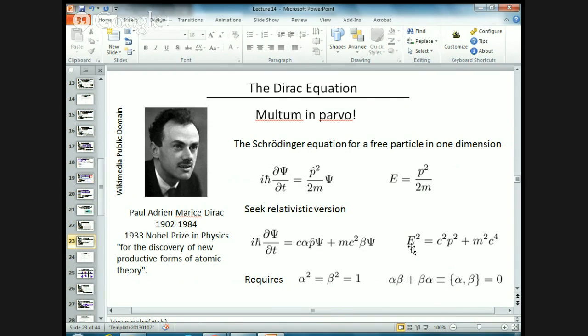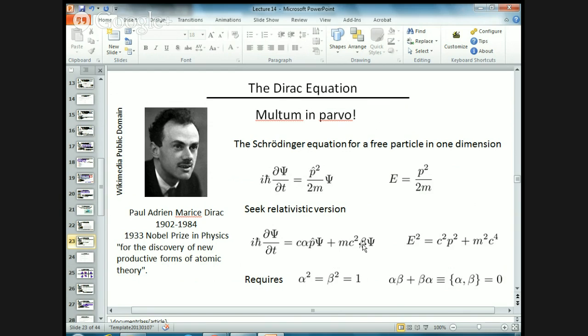If we require the free particle to satisfy Einstein's relativistic relationship between energy, momentum, and mass, we have to have this. When you square this thing, you get alpha squared c squared p squared, and then beta squared m squared c to the 4th. That means alpha squared and beta squared have to be 1.